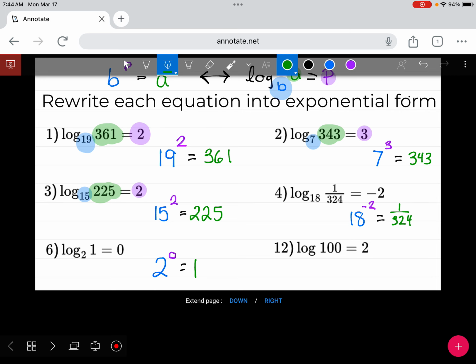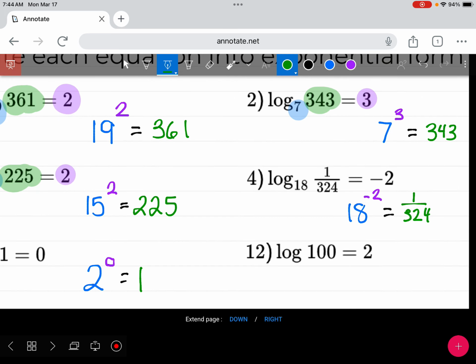12 is a little tricky, but I want us to look at it because it doesn't have a base written out there. That was to say, look just a little bit above on your page. If we do not write a base in our special logarithms, what is the base?